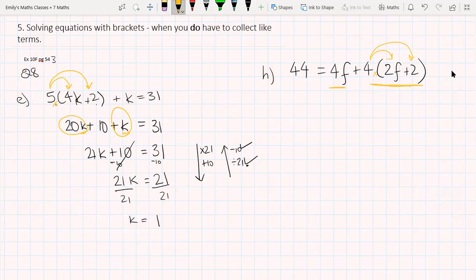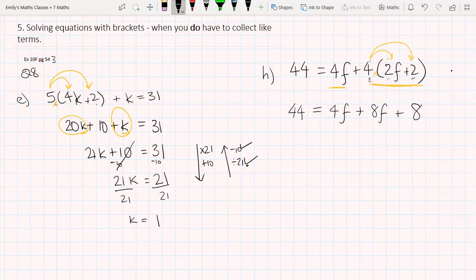So when we go to write our next line, we have 44 on the left-hand side equals, that 4F's just sitting there waiting, we'll worry about it later, plus, now we expand our brackets. So 4 times 2F is 8F, plus 4 times 2 is 8.